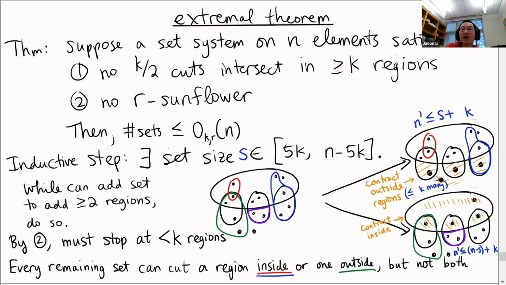So there are at most K atoms outside, each of which got contracted to a single element. So there are now at most K contracted vertices outside. So the new number of vertices on this recursive instance is at most S plus K. And by a similar argument, the number of elements in the other recursive instance is n minus S plus K, where n minus S is the number of vertices outside this set that we chose.